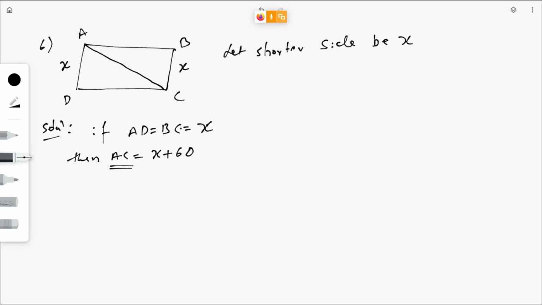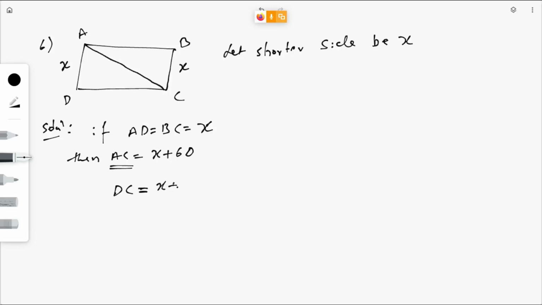If the longer side is 30 meters more than the shorter side. What is the longer side here? DC. Can someone tell me what is DC? DC is the longer side. As per the second statement, if the longer side is 30 meters more than the shorter side, so DC will be x plus 30.